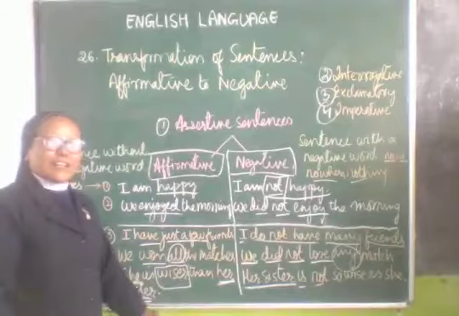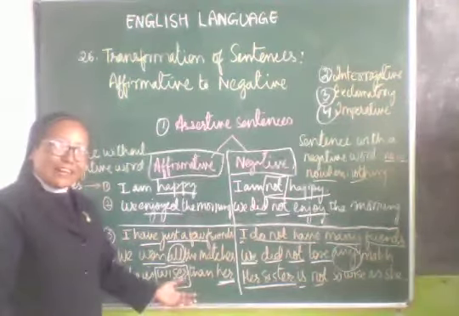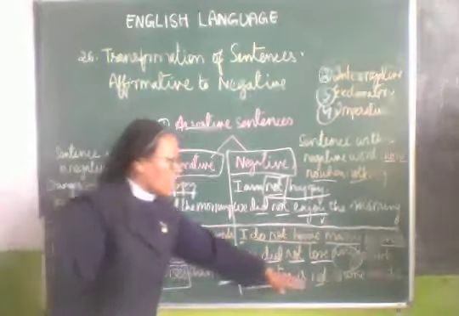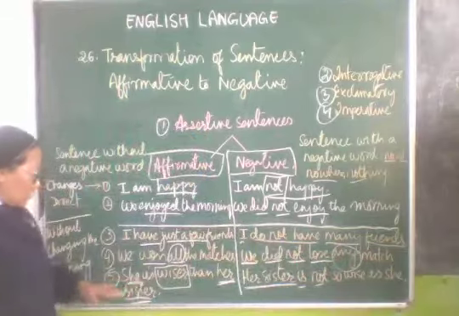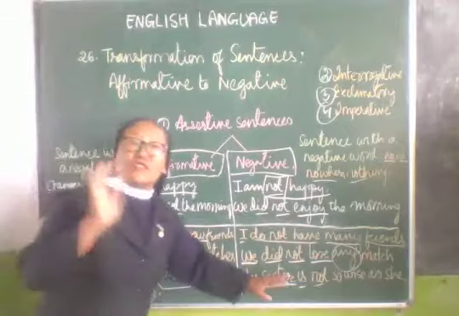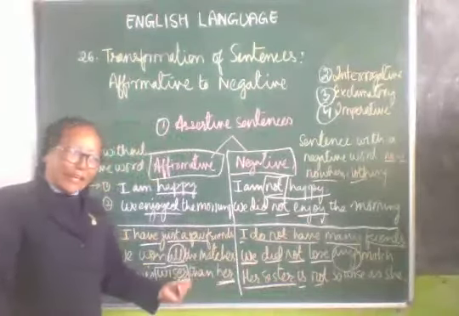All right, so there is a way of saying, you can change it that way. So you made it negative. See, her sister is not so wise as she. Here, she is wiser. Here, her sister is not as wise as she is.